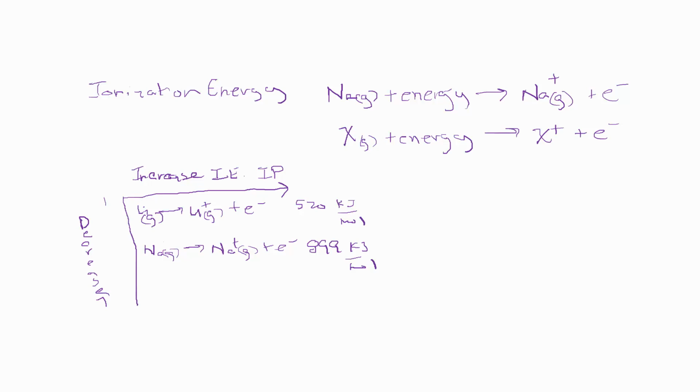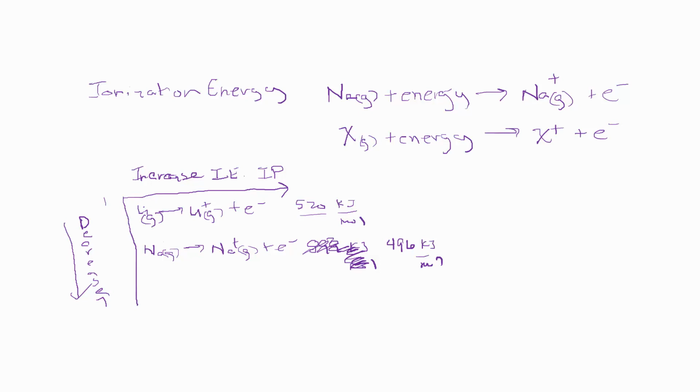Oops, I made a mistake there. I knew that sounded too high. It's 496 kilojoules per mole. Because that wasn't making sense, right? This was a lot larger than this number, and we said it decreases as we go from top to bottom. All right, 496 kilojoules per mole.